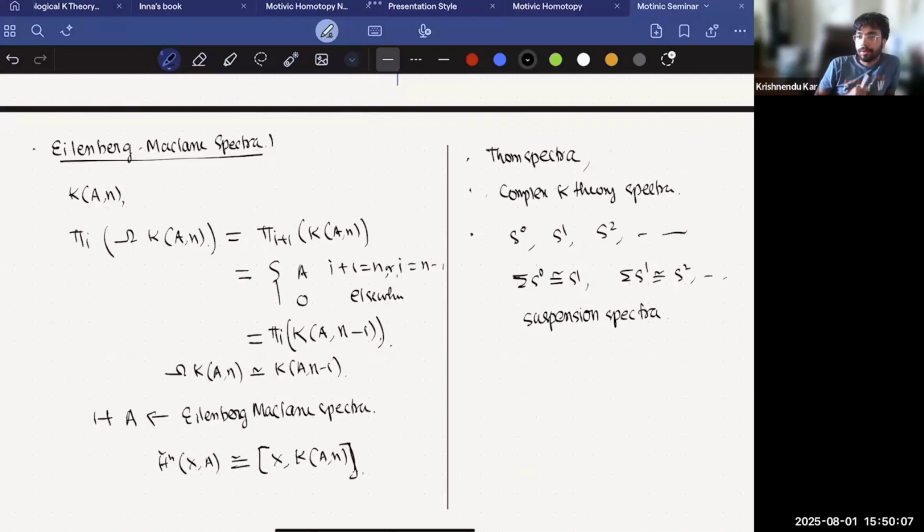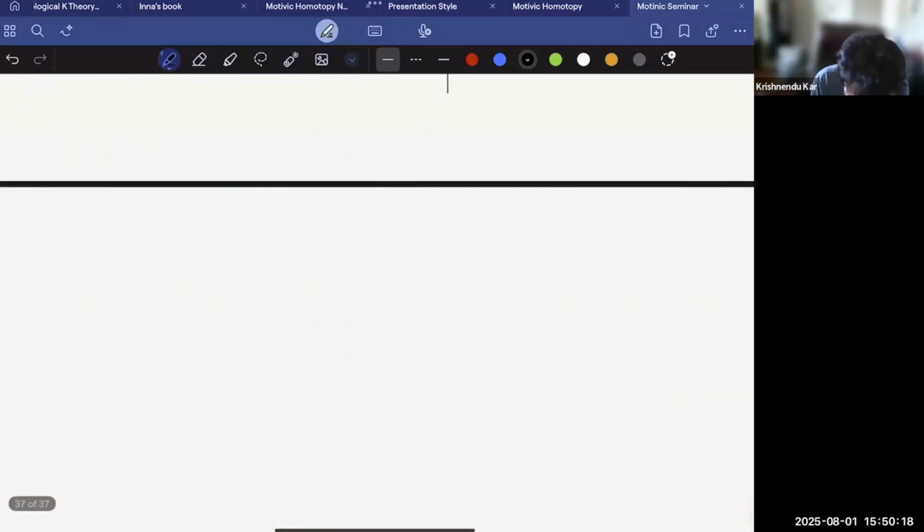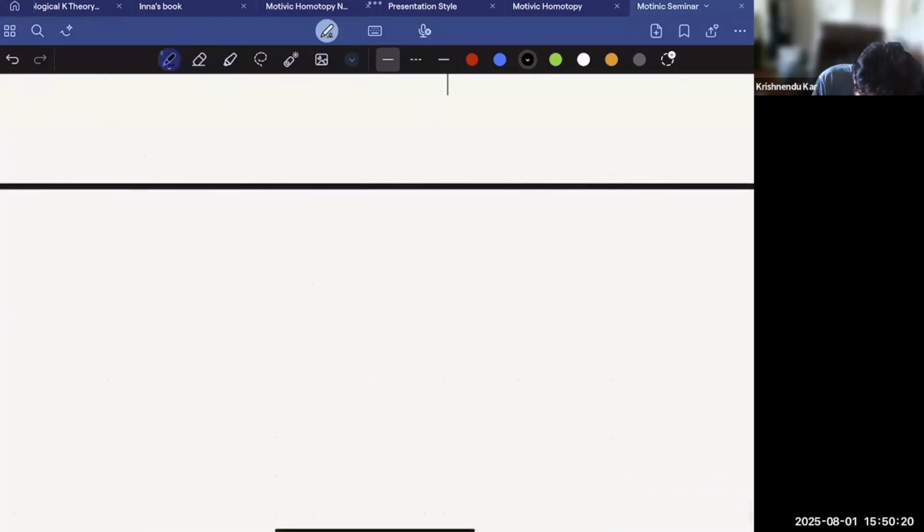To do that, we need to give it a sense of weak equivalence, right? And it turns out there are three candidates for it. Three notions of equivalence in spectrum.